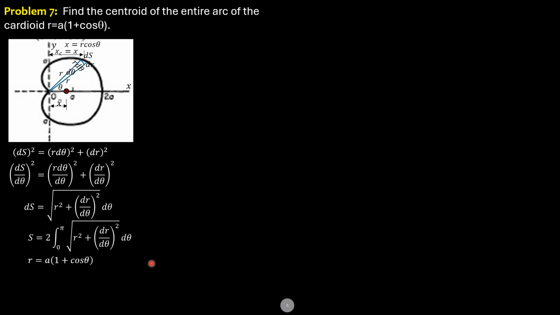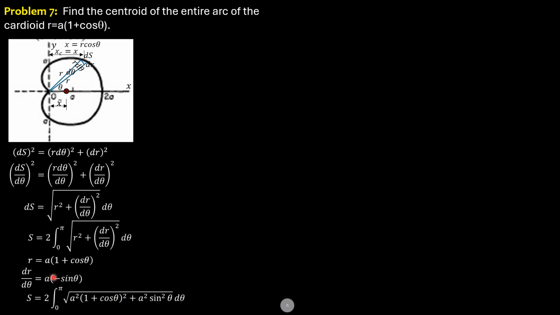That means the derivative of r with respect to theta is a times negative sine theta. And substitute here, s is equal to 2 integral, limits from 0 to pi, of square root of quantity a square plus a times 1 plus cosine theta square. This is r square.